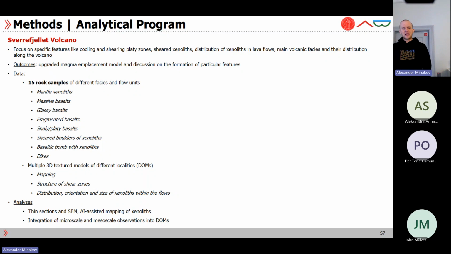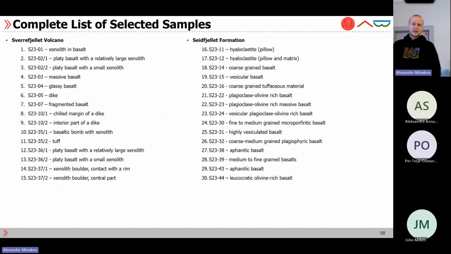And at the end, the aim is to integrate all these microscale and mesoscale observations into domes and larger scale digital elevation models to understand the magma emplacement of volcanic architecture of the volcano. So this is the complete list of selected samples.